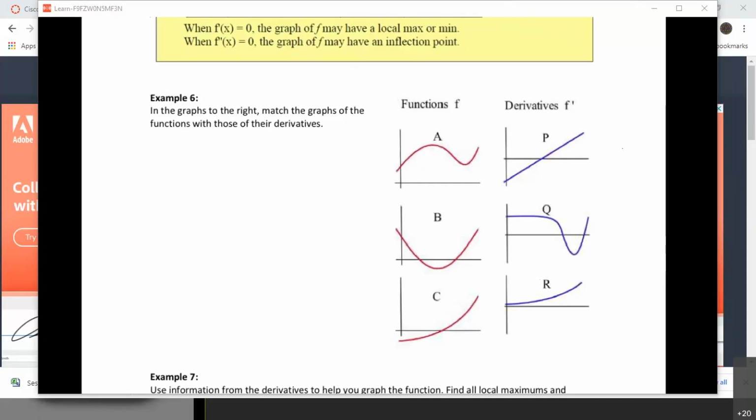Start with the turnaround points, if there are any.